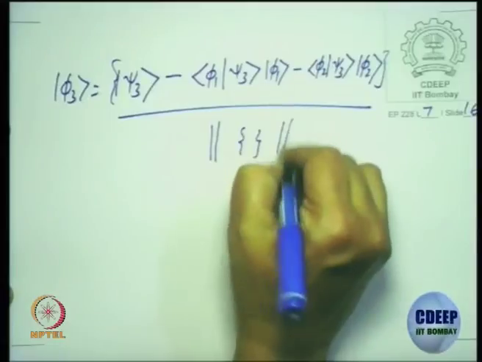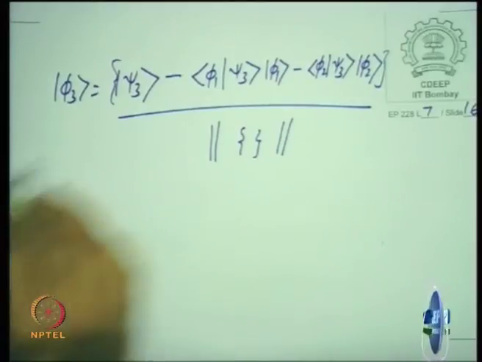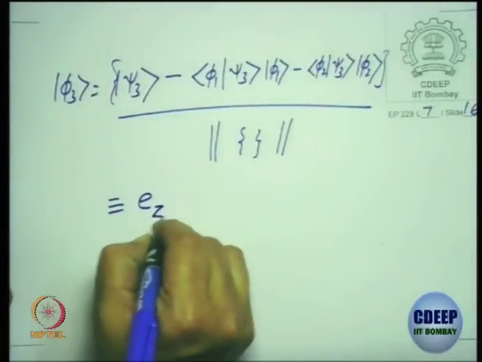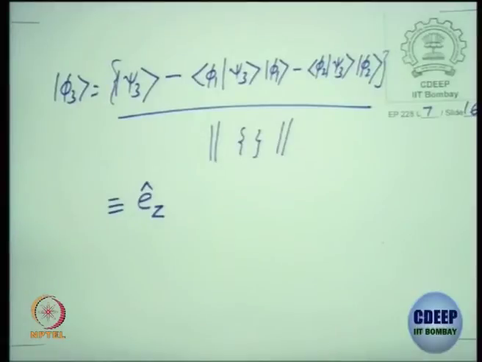In your specific example this will turn out to be Ez. So we could do this Gram-Schmidt orthogonalization to find all the 3 basis vectors neatly. Okay. So we will continue from here in the next lecture. Slowly introduce operators, linear operators and so on, and then we will see how to elegantly follow this notation.